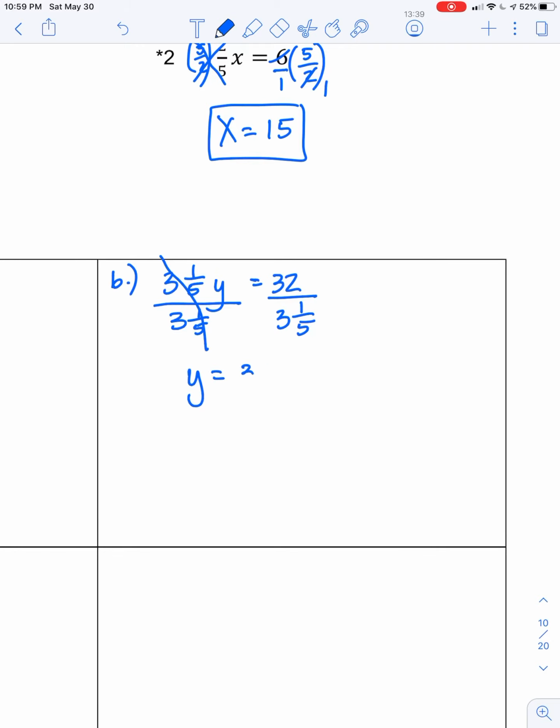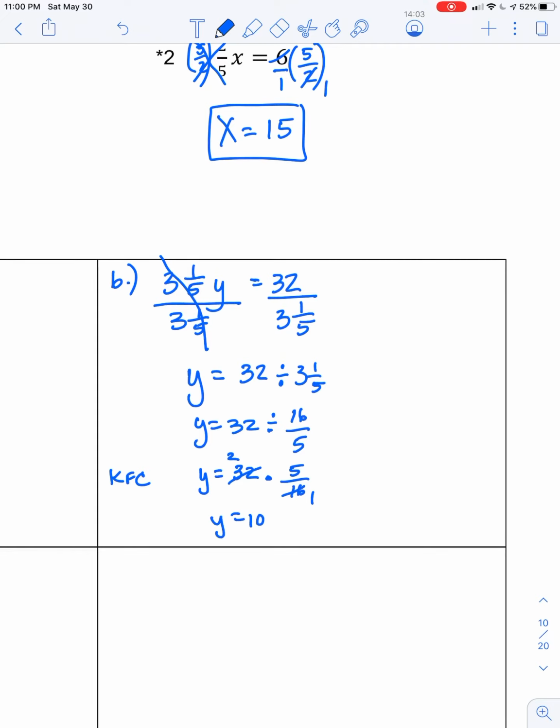That's going to become 1, and I'm going to have y equals 32 divided by 3 1/5, which then we need to change to an improper fraction. It would be 16 over 5. And then we have to use our KFC right here, where we're going to keep, flip, and change. I can do some cross canceling, and I end up with y equals 10.